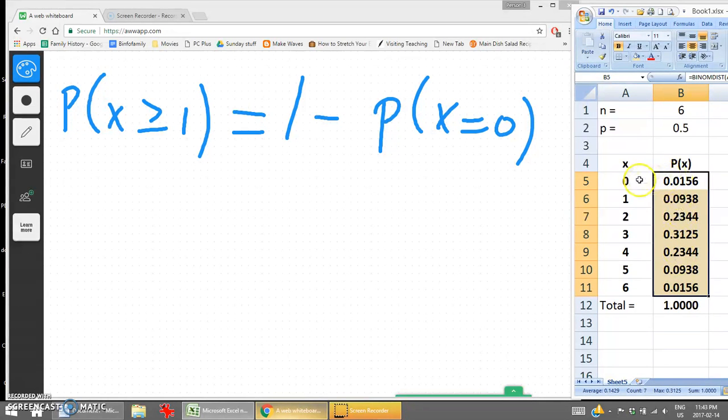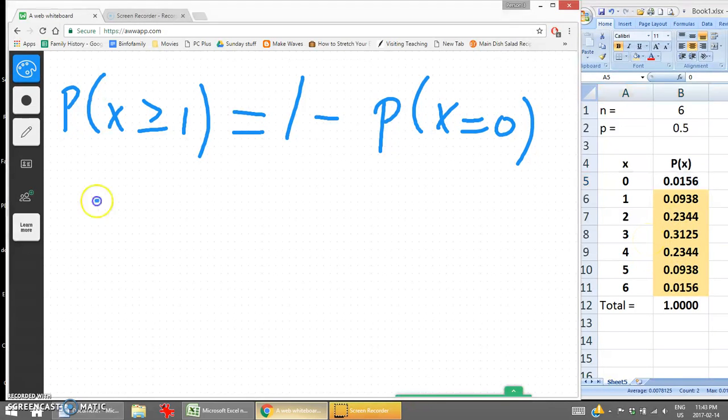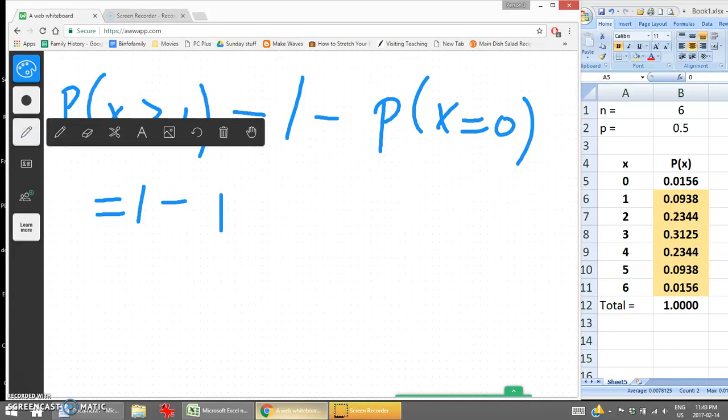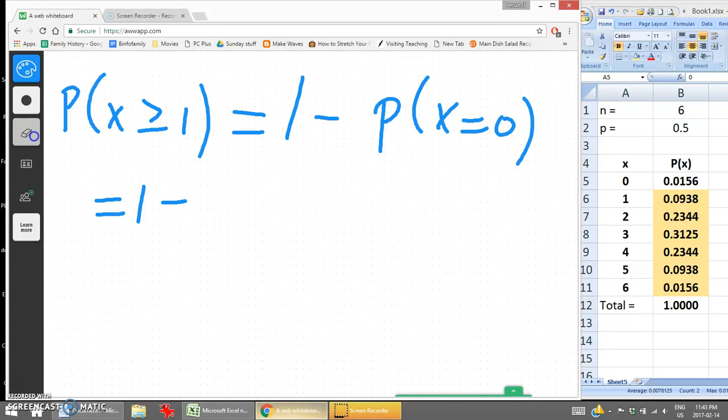So if we knock off this probability, we would be left with a summation of the remaining 6 probabilities. So this one's a little easier to do because all we need is one probability. Let's just erase this. So it's going to be the probability of when x equals 0.